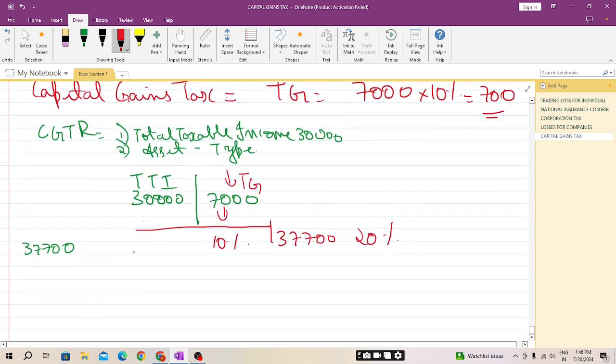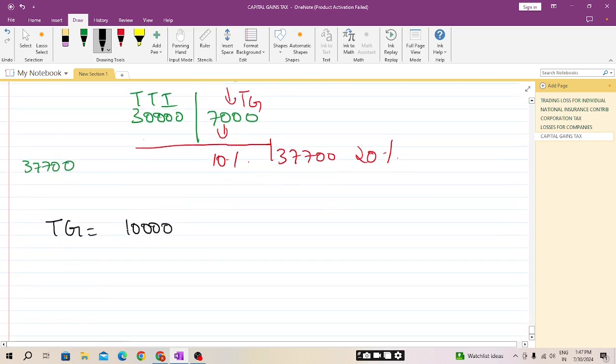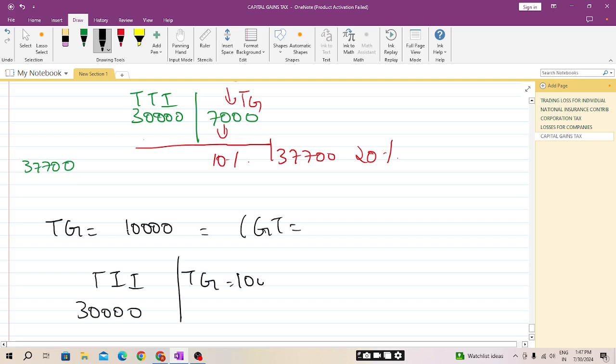Now taking another example, let's take the same example, students. Let's take a taxable gain of 10,000 pounds and we need to calculate the CGT payable on the taxable gains. The same example, our total taxable income is 30,000 pounds, students, and our taxable gains will be treated as the top slice of income.